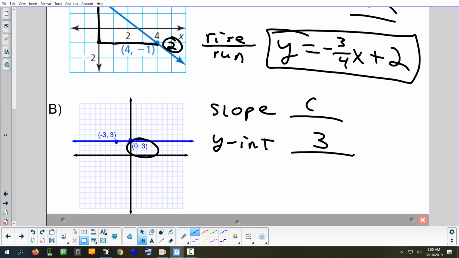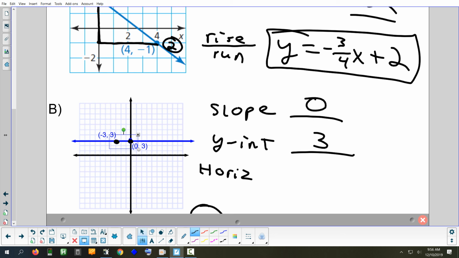Yes. There's nothing to even count for rise over run. Another way to think about it: look at those two points. To get from one point to the other, do you go up and down at all? Is there any rise between those two points? No. If there's no rise, that means it's a special case.